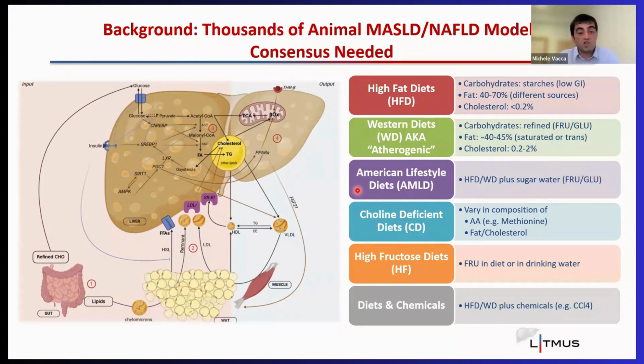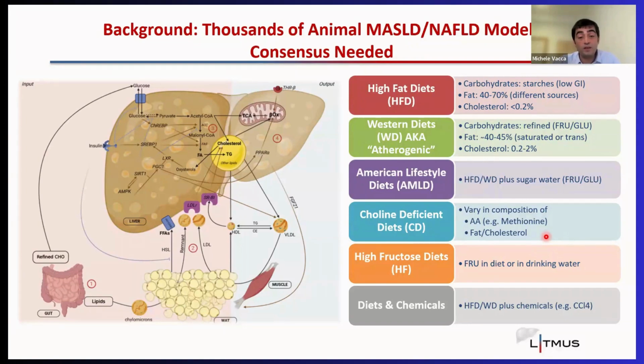Another really large group of models that have been widely used in the past are the choline deficient models. When I say a variety of models, it is because you can find different concentrations of amino acids, for example methionine. Since these models induce body weight loss, it has been proposed that topping up fat alone, or in combination with cholesterol, or only cholesterol alone, will give more damage and prevent body weight loss, therefore making the models a little bit more meaningful.